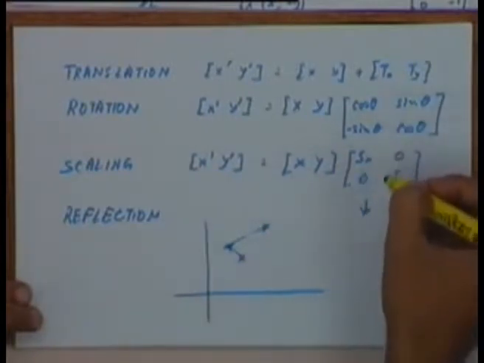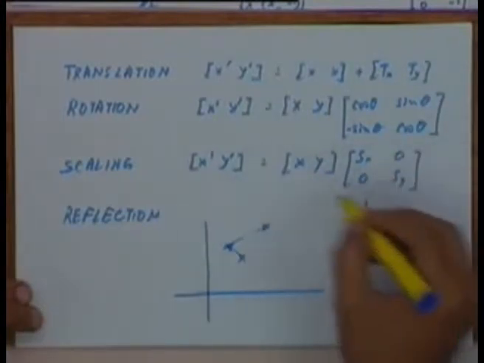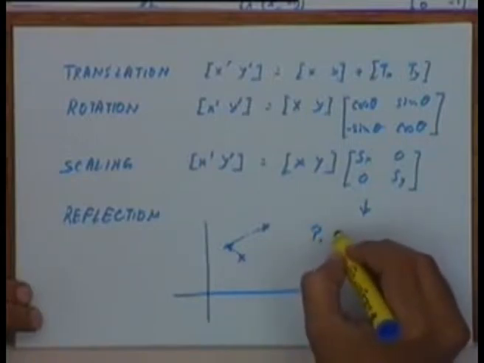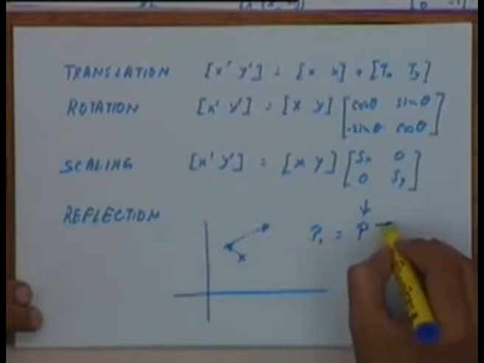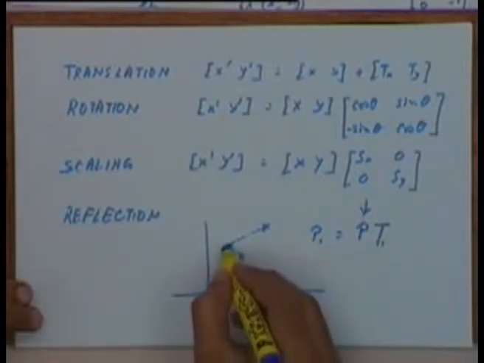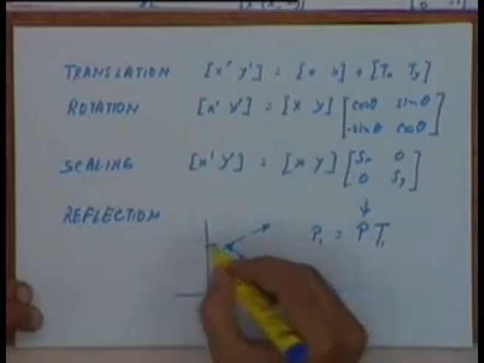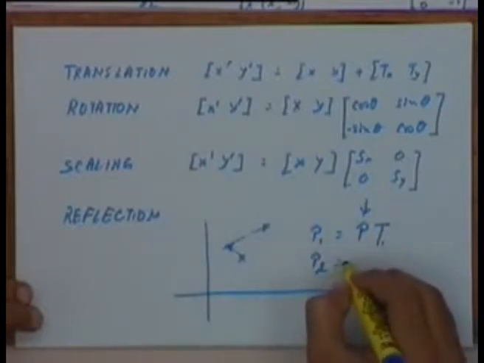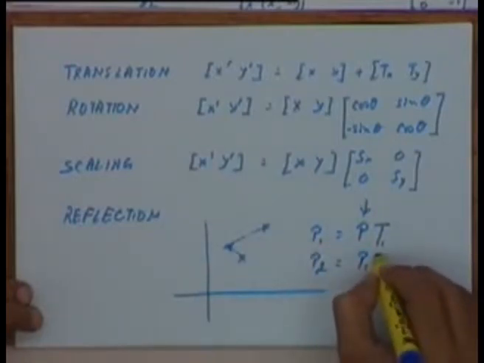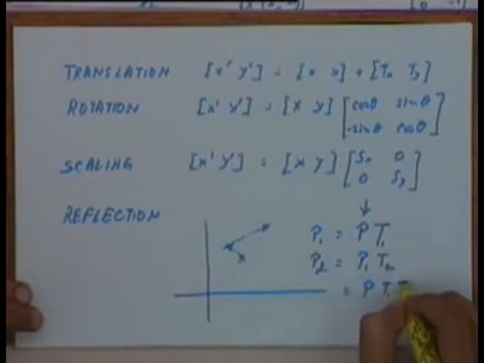We can capture that as a sequence of transformations. We will get point P1 equal to the point P multiplied by some transformation matrix T1, where this T1 corresponds to this rotation. Now this point, let us say, is to be scaled. We will say P2 will be equal to P1 multiplied by some other transformation matrix T2, which is nothing but P into T1 T2.